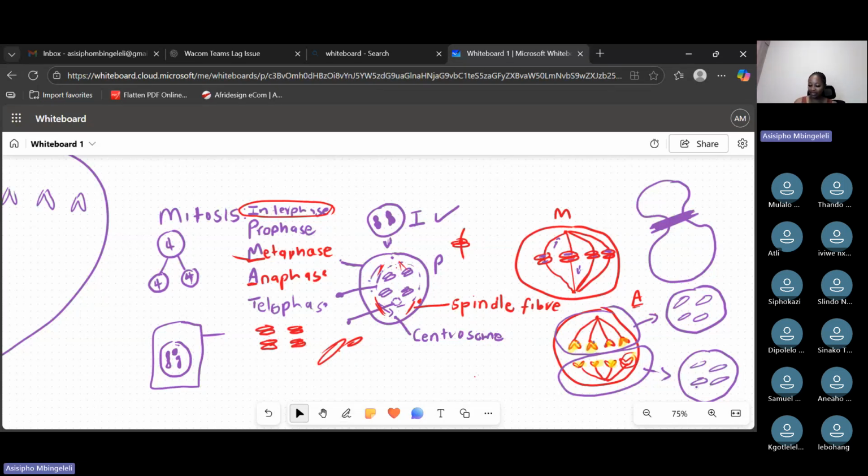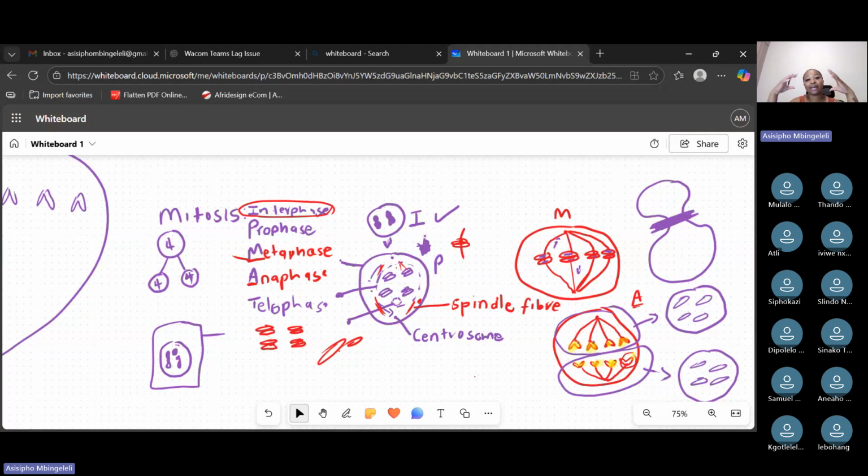Let's look at it. You can unmute because we're almost at the end now of mitosis. So if we were to come back here on this diagram of our prophase, how many chromosomes did we start with? You can unmute and answer. How many chromosomes do we have in our parent cell in prophase?